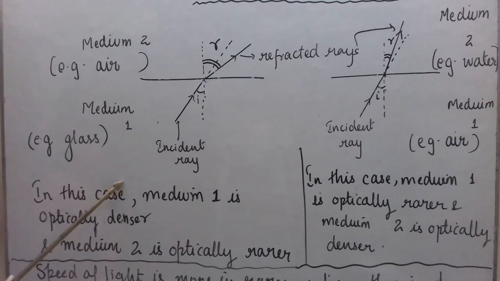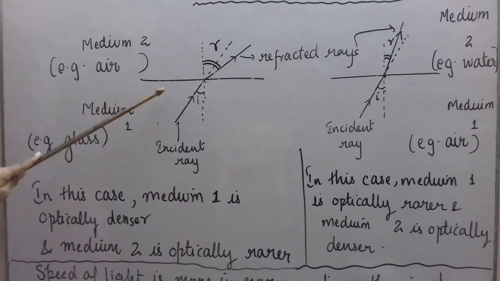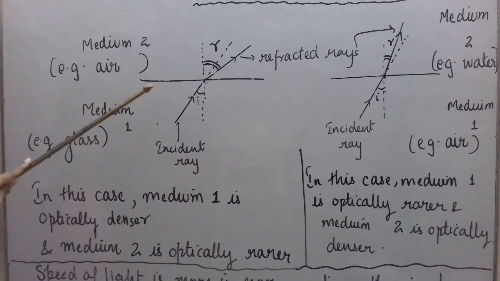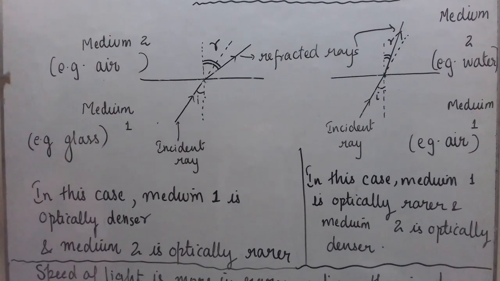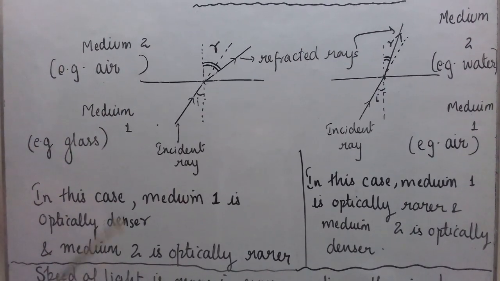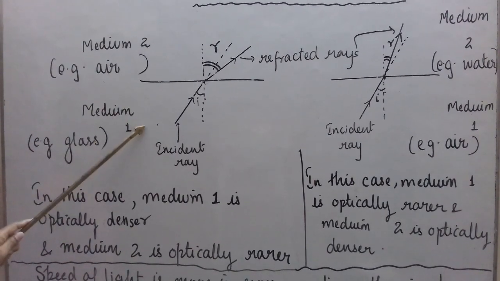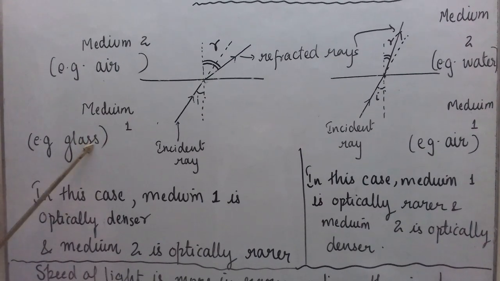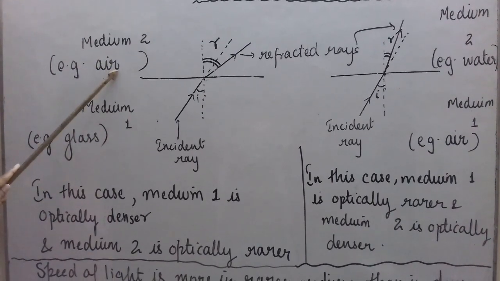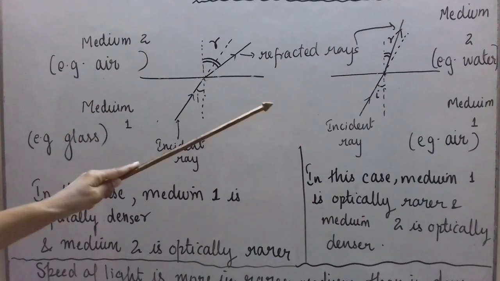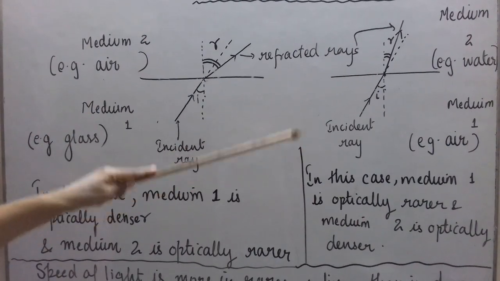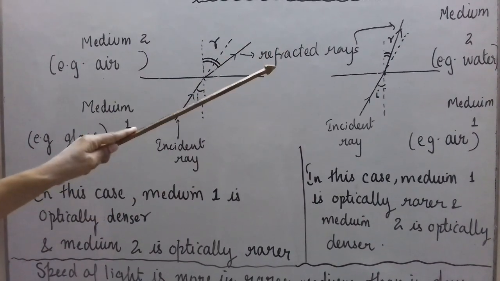Here we simply say that whenever we compare two media together, wherever the speed of light is more, that is the optically rarer medium. Wherever the speed of light is less, it is the optically denser medium. So in other words, here we can say glass is optically denser, air is optically rarer. There, air is optically rarer and water is optically denser.